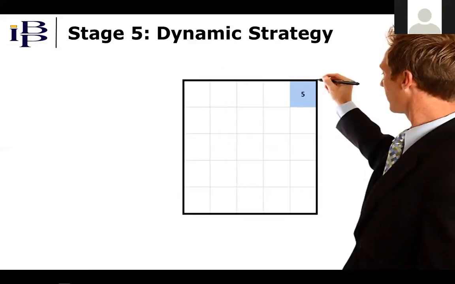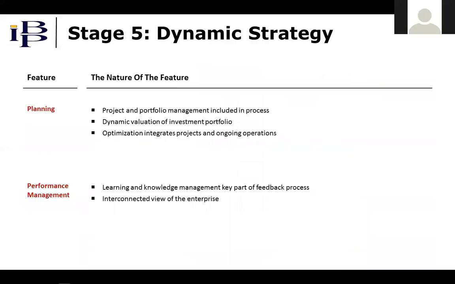Stage 5 is what I call a dynamic strategy. And this is really describing organizations that can really drive change. So in stage 4, we're really good at operations, being able to translate demand into resources and manage horizontally across the organization.